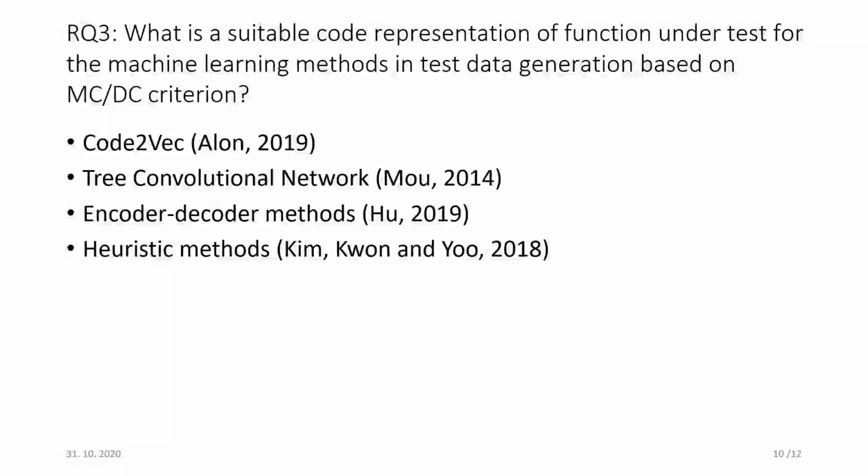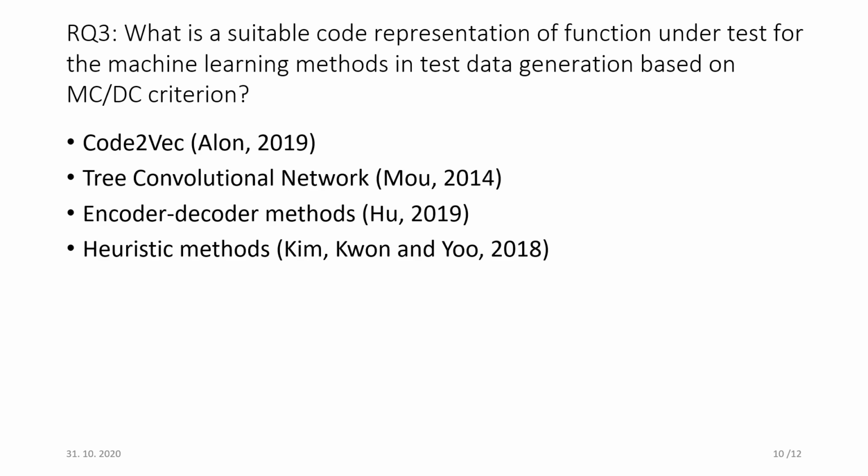Last but not least, we tackled the issue of what is a suitable code representation of the FUT for ML methods in test data generation based on the MCDC criterion. First of all, we have code2vec. Here, we try to apply the method of word2vec from NLP to the issue of code, where we transfer code into a viable embedding.